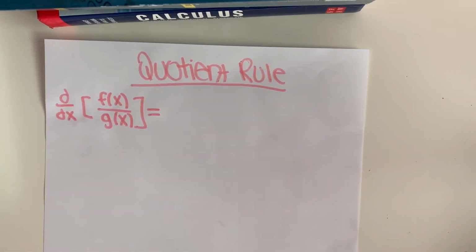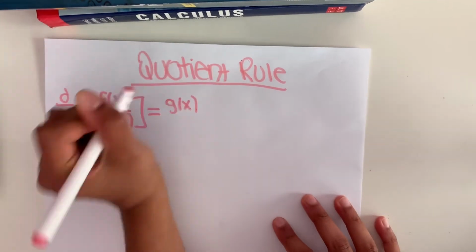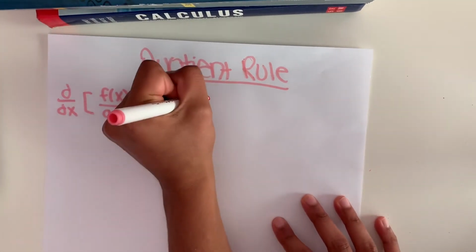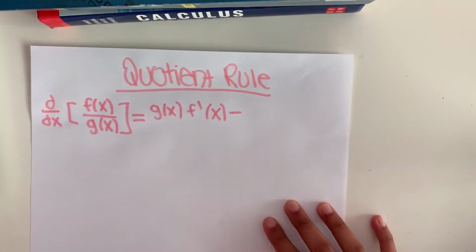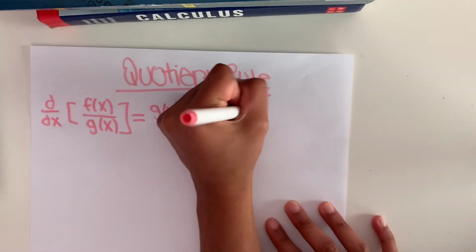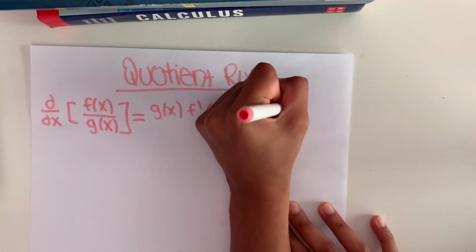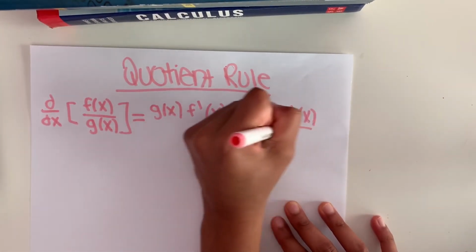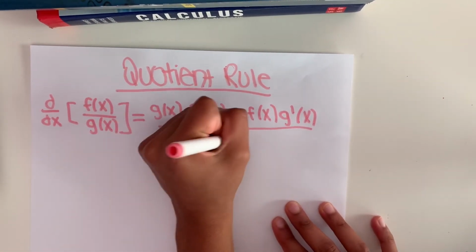So whenever I try to do the quotient rule, I always remember a saying my teacher said, which is low. So just the lower function times the derivative of the high, minus high, which is f of x, times the derivative of the low, which is g prime of x, all over low, which is g of x, squared.